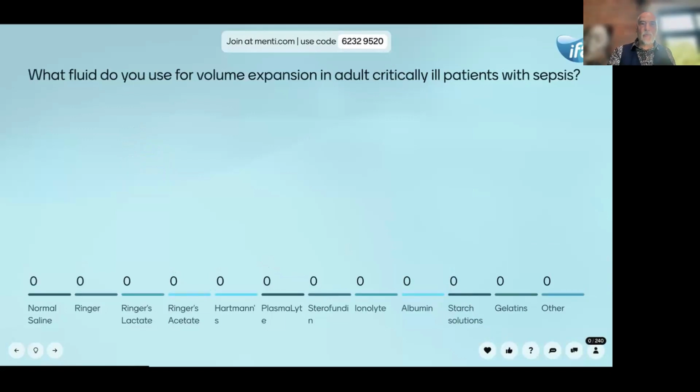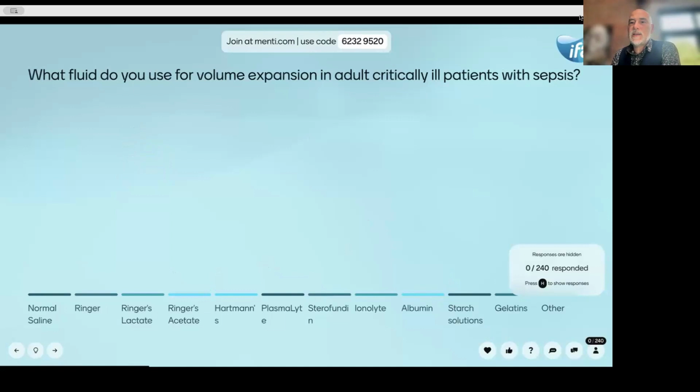So now the questions are always the same, but now it's for critically ill patients with sepsis. So what is your preferred fluid in patients with sepsis, septic shock? And you can choose from saline to balanced solutions to colloids. So 126 responded.